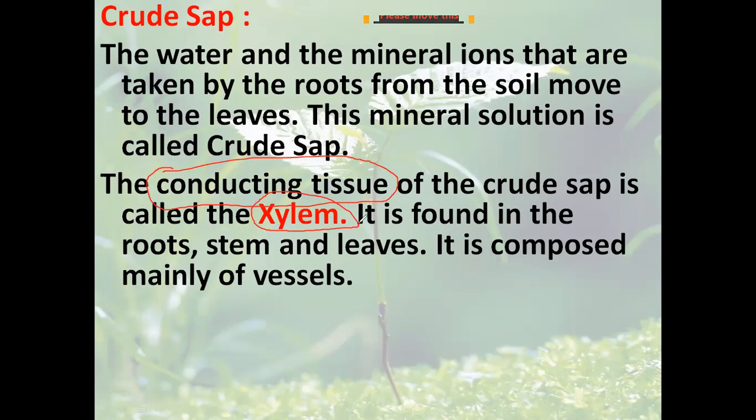It's found in the roots, the stem, and the leaves, and is composed mainly of vessels. That's why they're called conducting vessels. The one that transports the crude sap is known as the xylem. So xylem is the conducting vessel that transports the crude sap from the roots to the stem and then to the leaves.